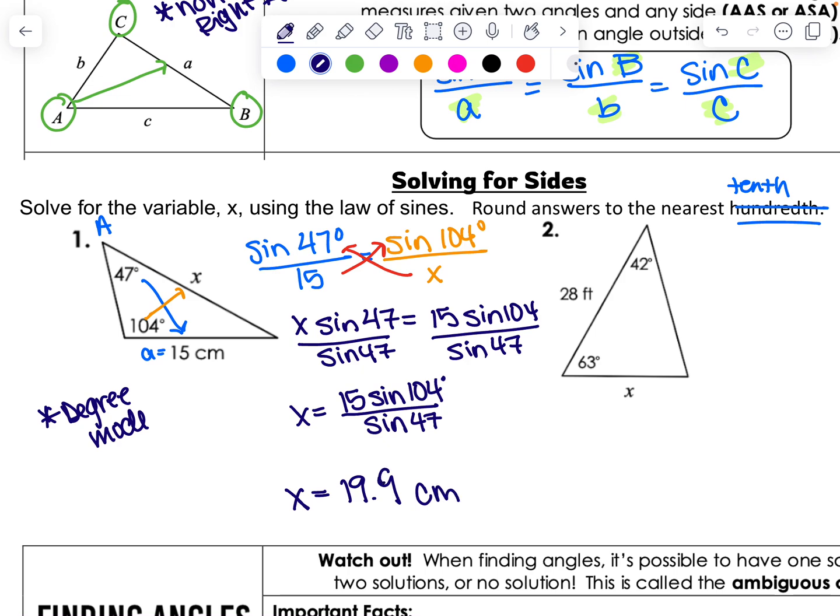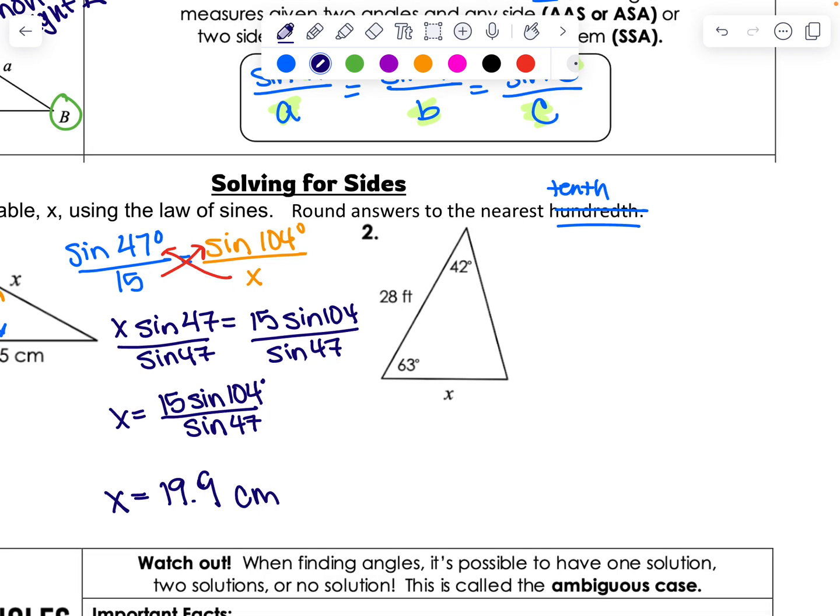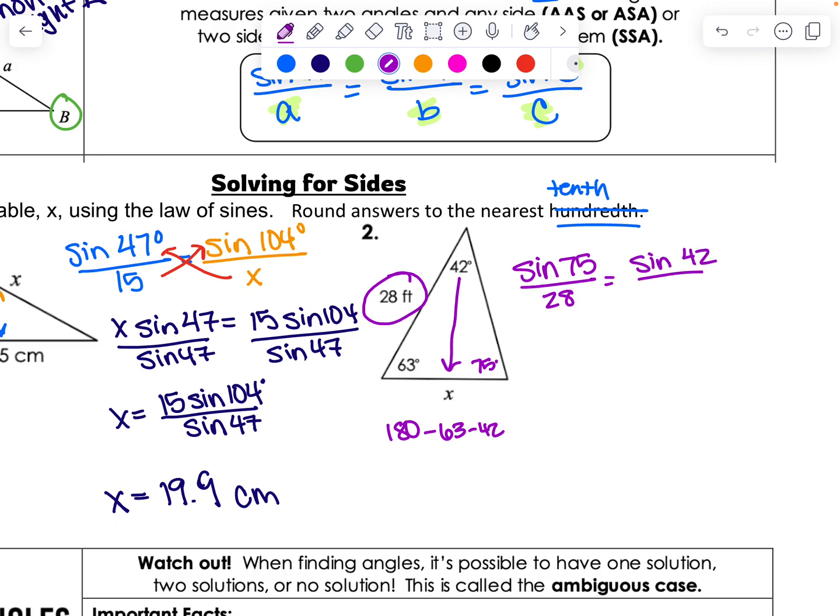Okay, all right, number 2, same process. We're looking to find an angle and its opposite side. Well, I see 42's opposite side is x, so I know that that's going to be one of my ratios. But the only other side I know is this 28. But I can find its opposite angle because I would take 180 and subtract the 2 angles that I know. That gives me 75 degrees. So now I know the sine of 75 over 28 has to equal the sine of 42 over x.